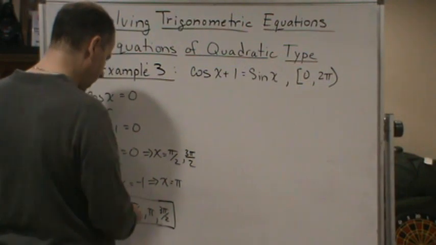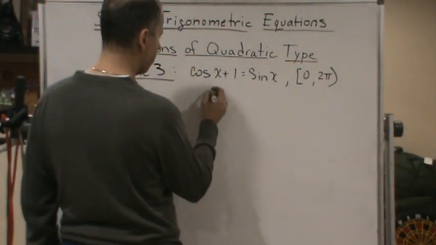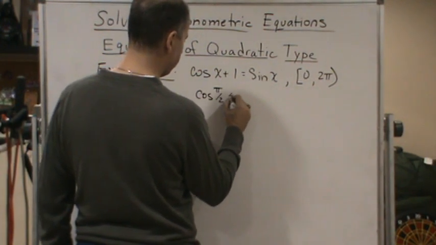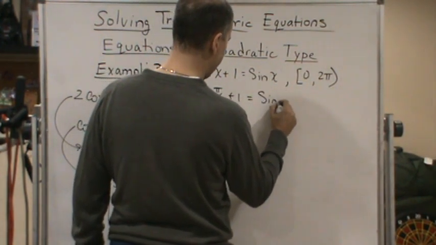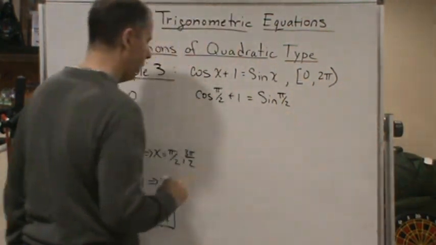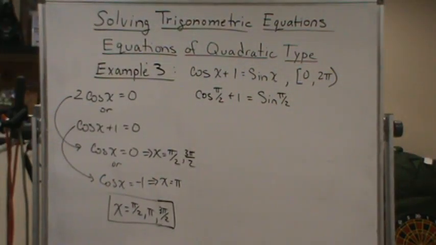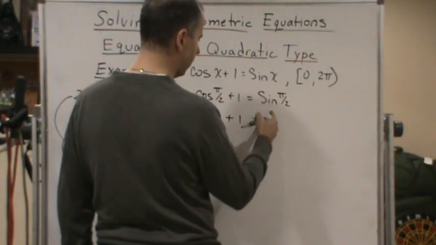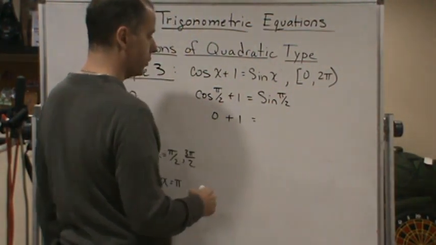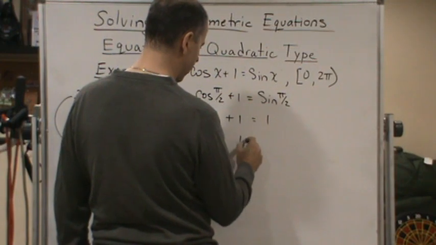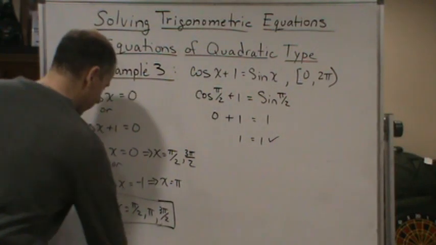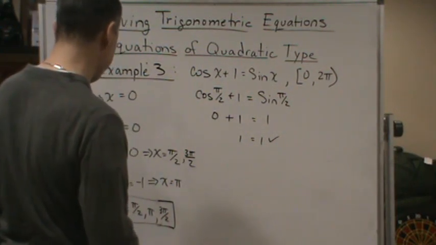So let's use pi over 2. So cosine of pi over 2 plus 1 equals sine of pi over 2. Cosine of 90 degrees is 0. So we get 0 plus 1 equals sine of pi over 2, which is 1. So we get 1 equals 1. Check. All right, let's check the next one. So let's check pi.